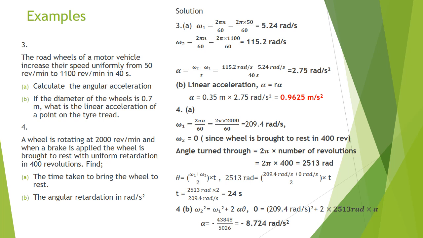So now we are looking for time, so we use the formula theta is equal to open brackets initial angular velocity plus final angular velocity divided by 2, times the time. Plugging in the values, 2513 rad is equal to open brackets 209.4 rad per second plus 0 rad per second, divided by 2, times t.